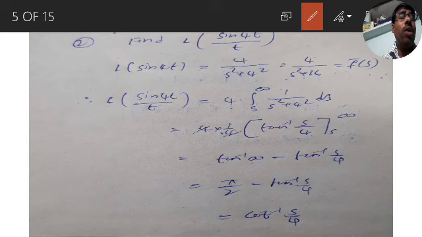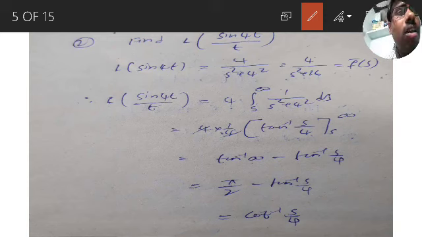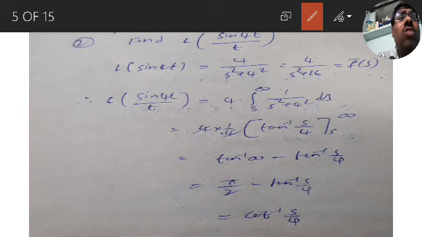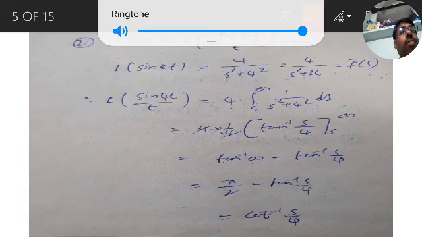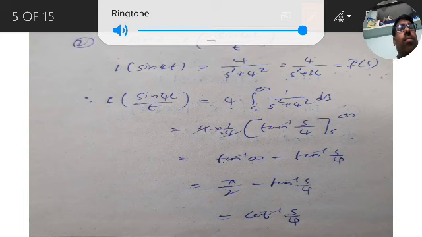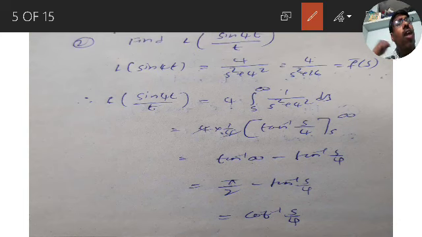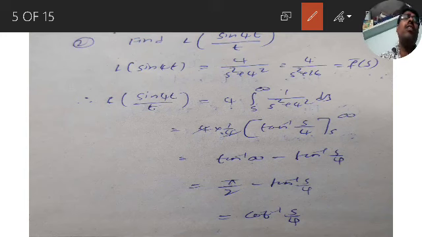Now again you need a Laplace transform formula. What is L of sin at? L of sin at is a by s square plus a square. So L of sin 4t is 4 by s square plus 4 square. 4 square is 16, therefore 4 by s square plus 16.